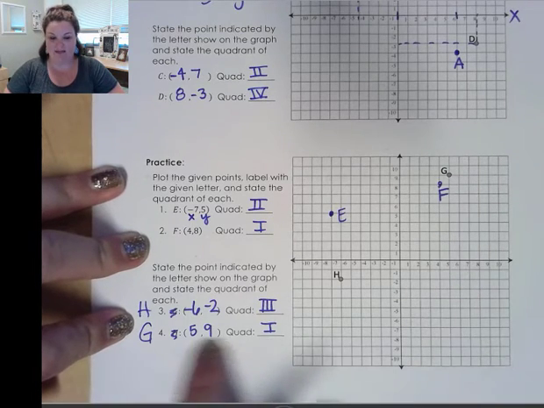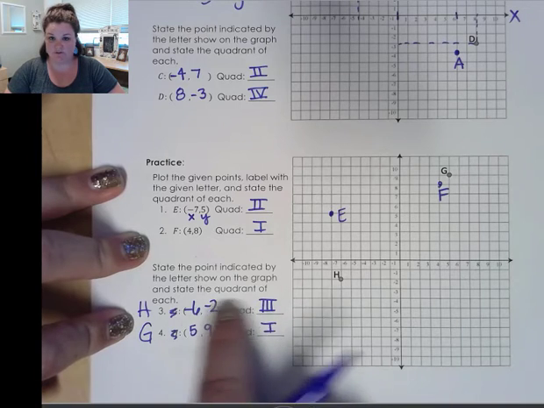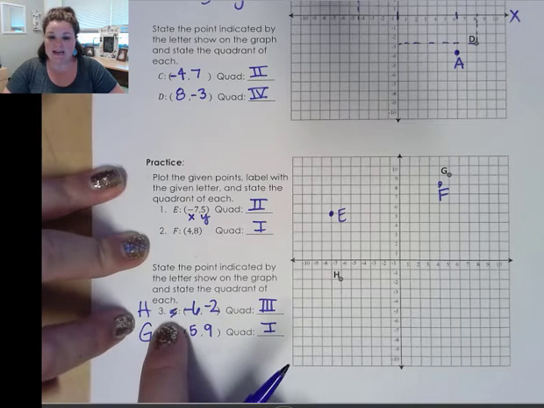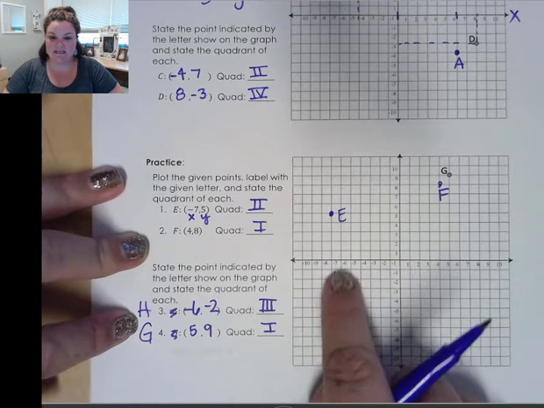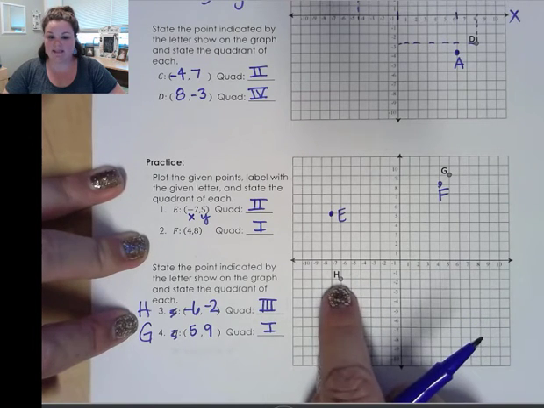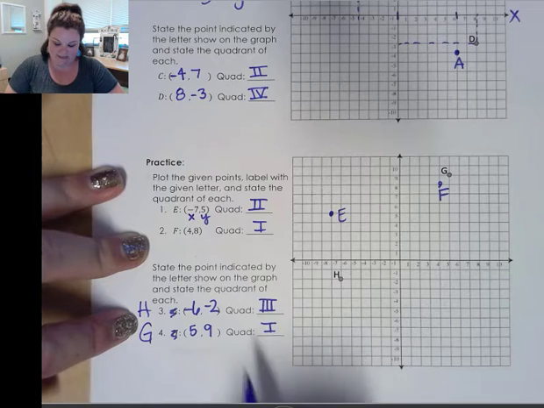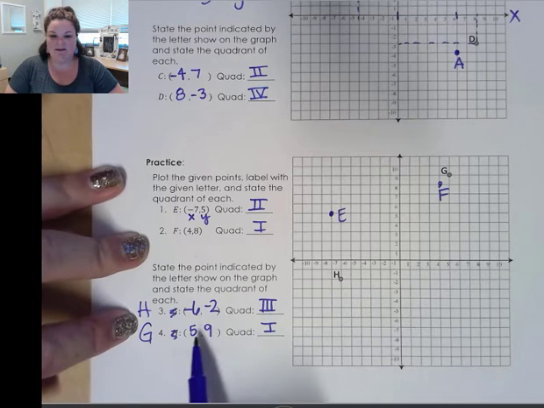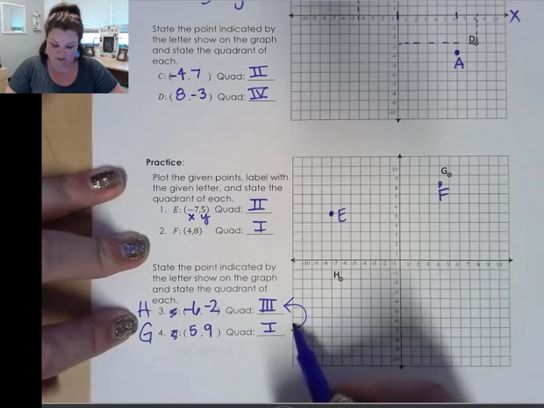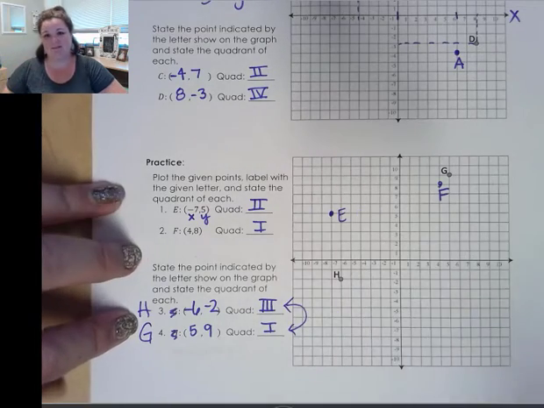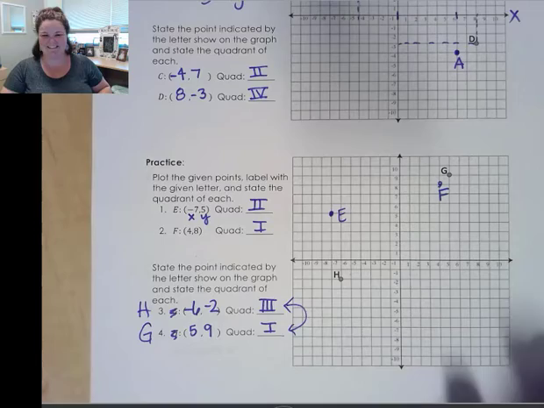I wrote that as my second one. So yours is probably on the first one. So I apologize. And then H is my second point down here, which is at -6, -2. And that makes it land in quadrant 3. So again, if you have the same ordered pairs and quadrants correctly, but you have yours swapped, then you did it correctly. So I apologize about that.